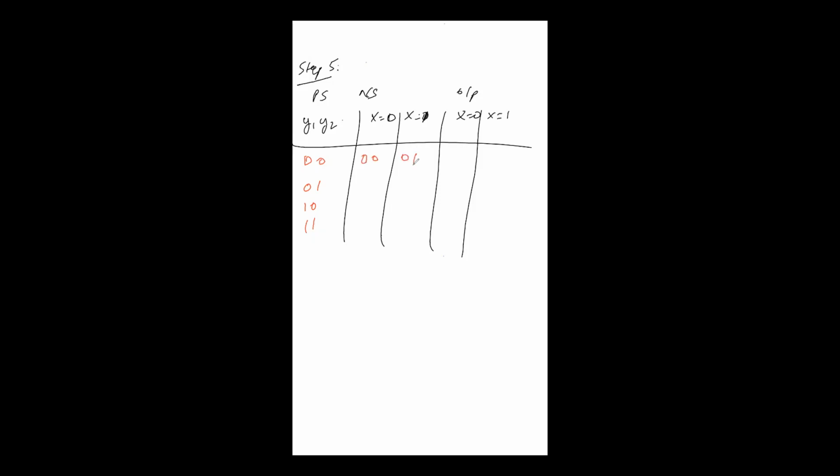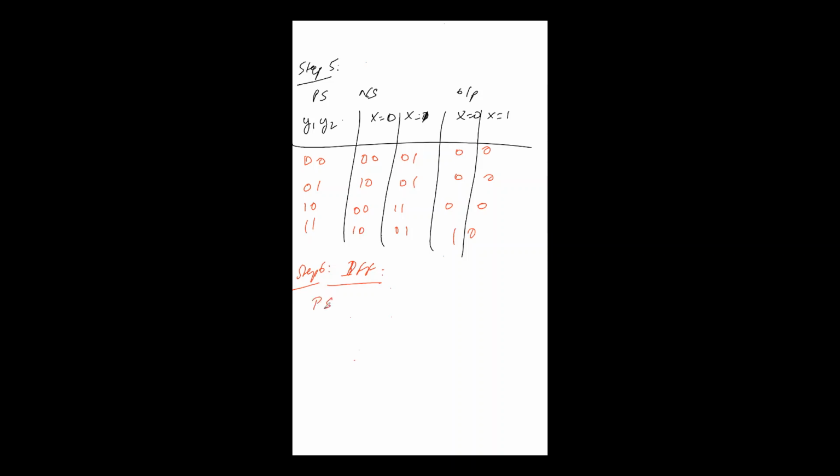This we have already discussed. We have assigned the values to the different states. Correspondingly, we are getting output. Now step number 6 is to choose the flip-flop excitation table. Again, we are selecting the D flip-flop, and you have to draw the excitation table.